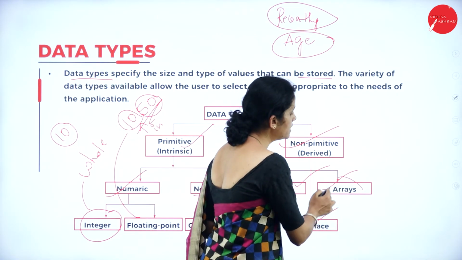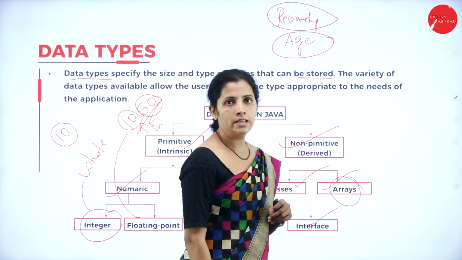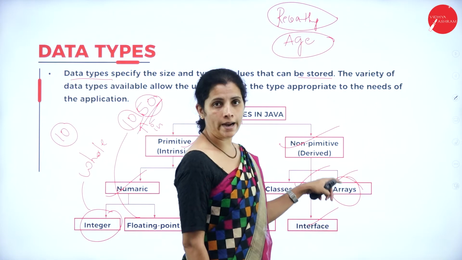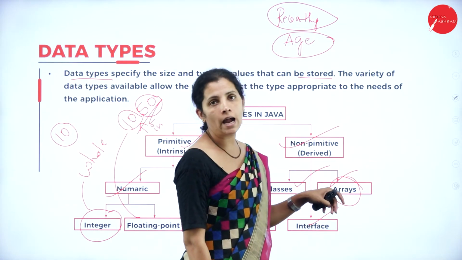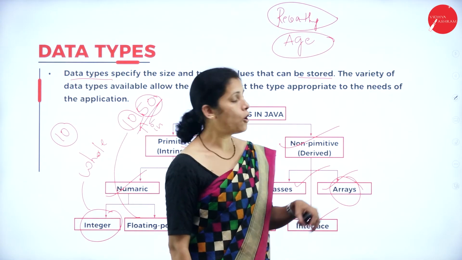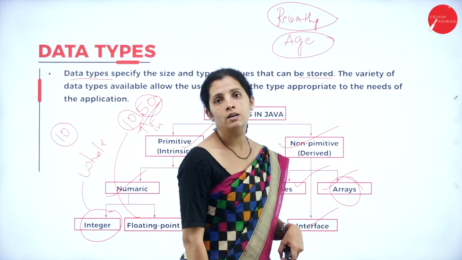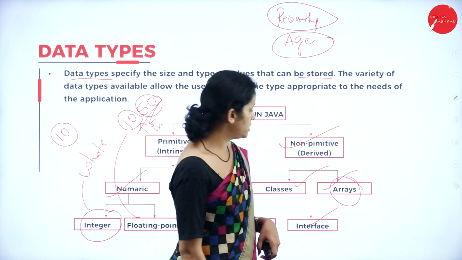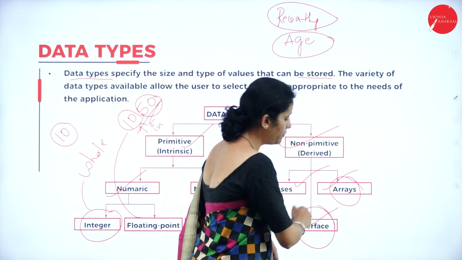And if I consider array, it is nothing but a collection of the same kind of data items, and all the data items are grouped under the same name and stored in continuous memory locations.